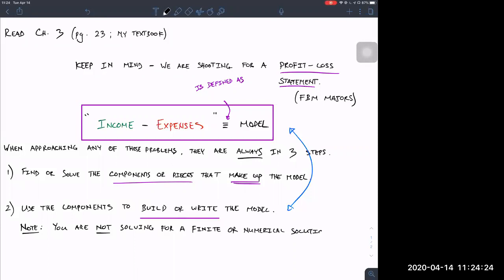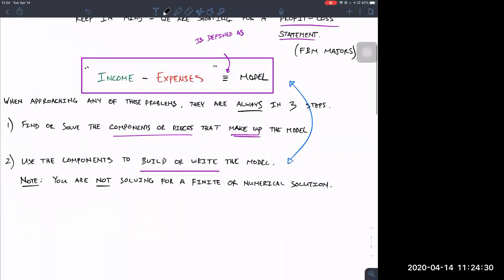So it's not a number, in other words. Your model is never, as far as this class is concerned, a single number.